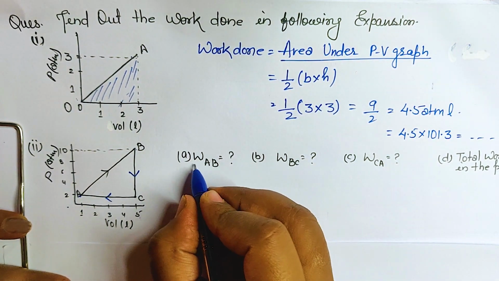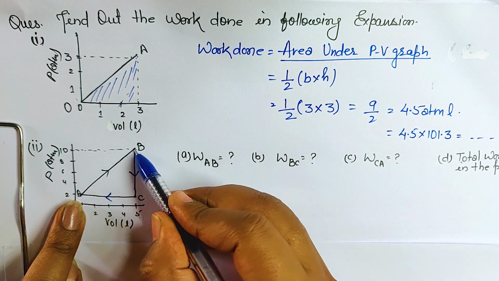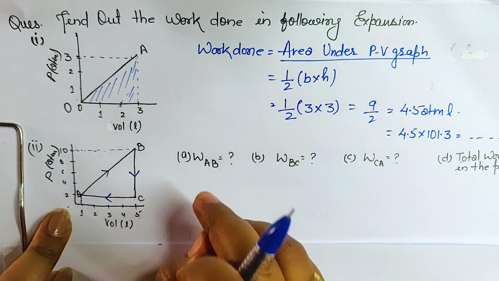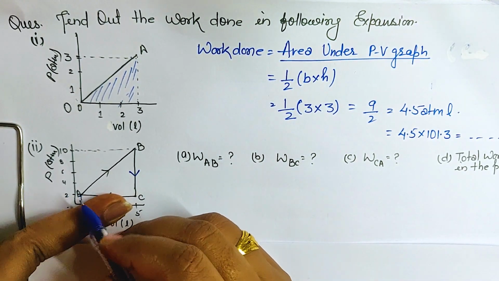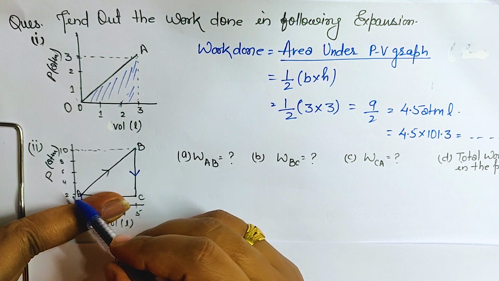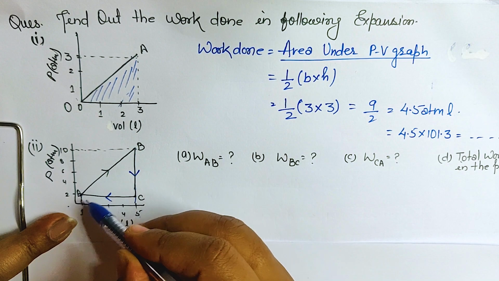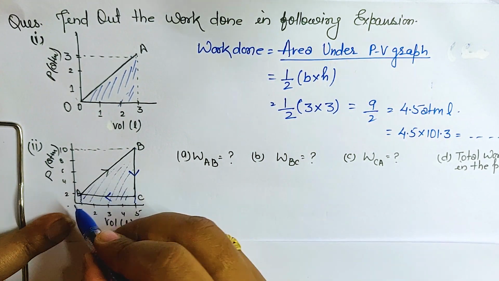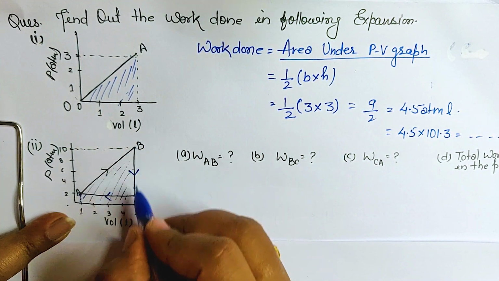Now, if I find work AB, we'll do it one by one. In this case, for the work AB, A changing into B, what we are getting is a trapezium.